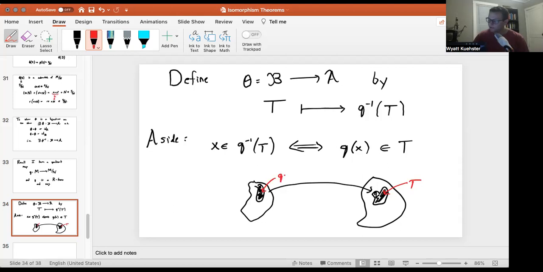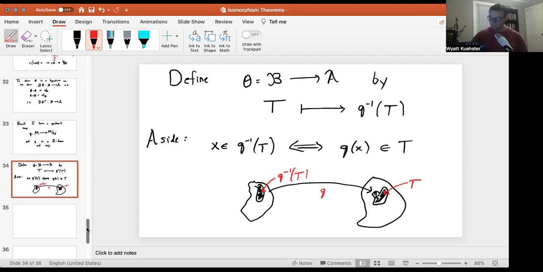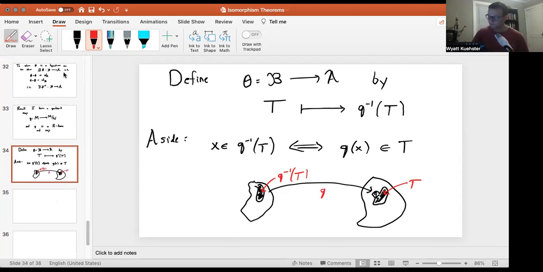It's all the elements that map into there. Where that's the map Q. Okay. Sorry, I should stop babbling so much. And also remember that T is a submodule of M mod N. So it's a set of cosets of N.